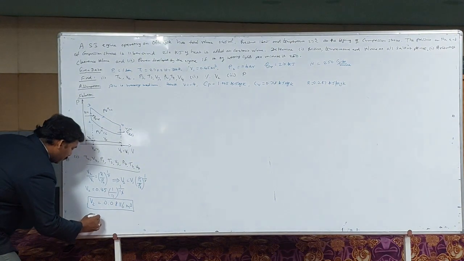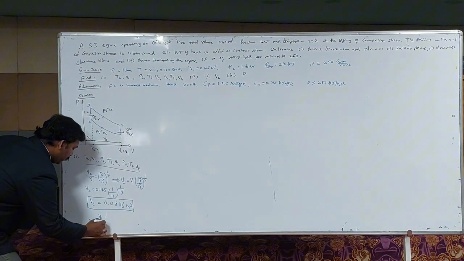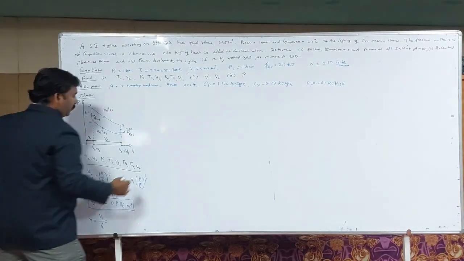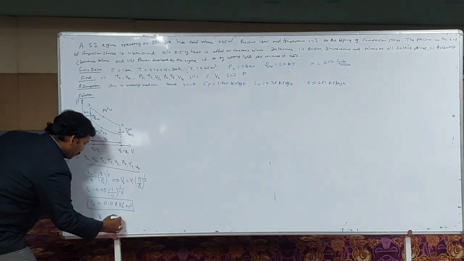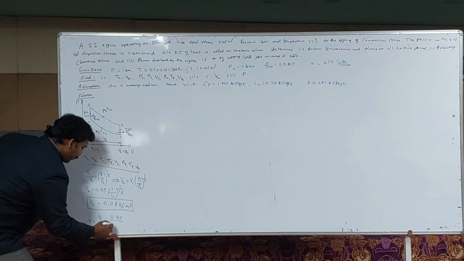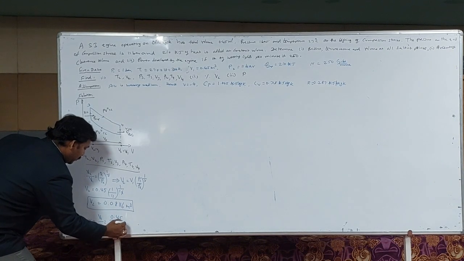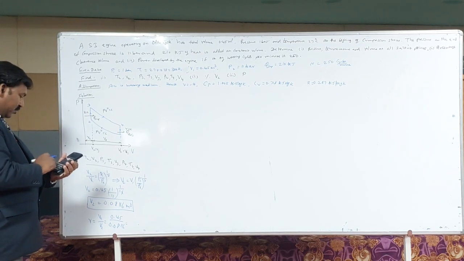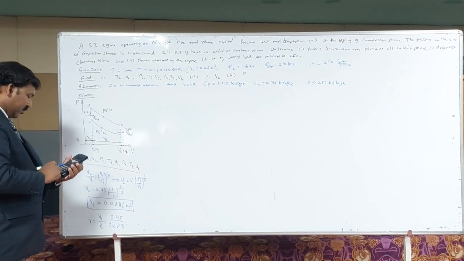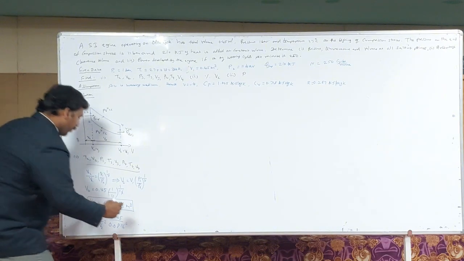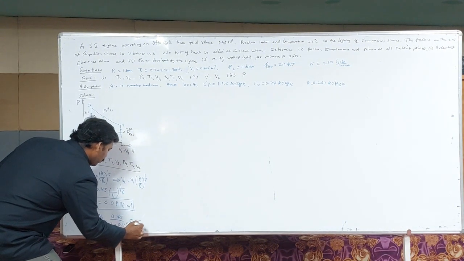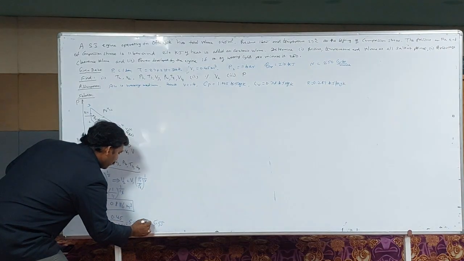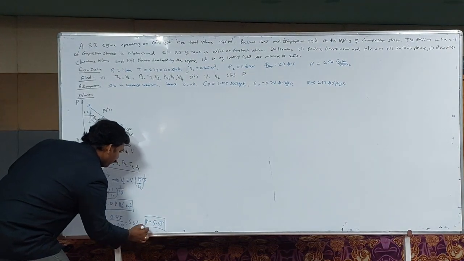So R is equal to V1 by V2. V1 is 0.45 meter cube, so 0.45 divided by 0.08116 is 5.55. So R is equal to 5.55. So this is the value of compression ratio.